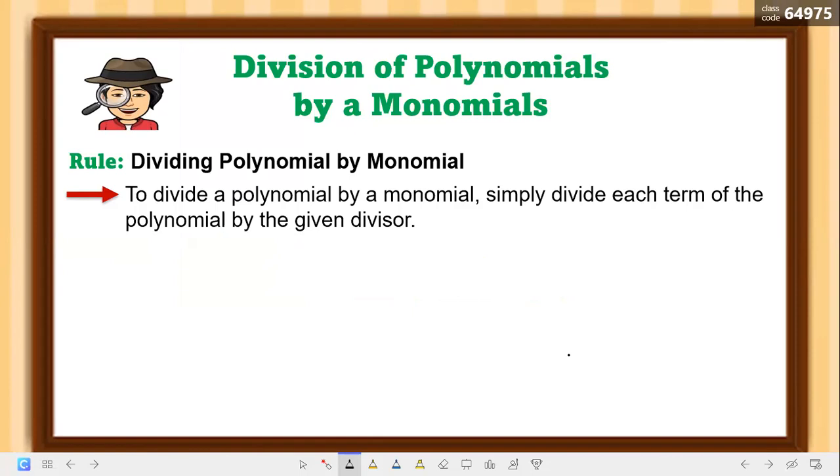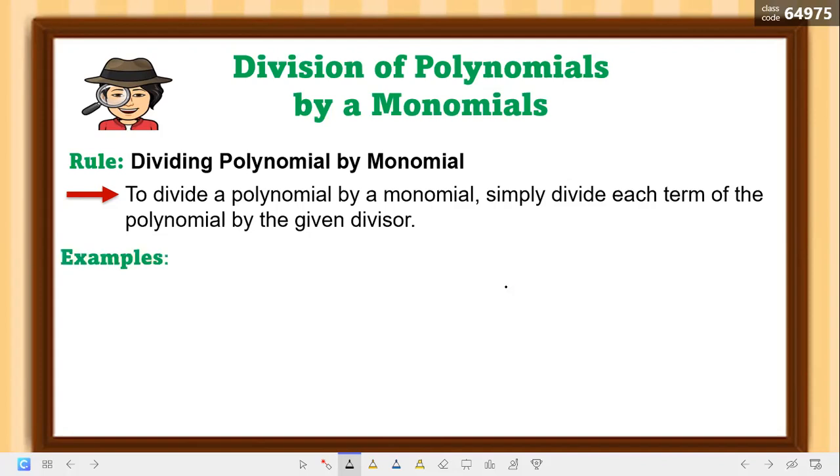Okay, so ito, pag sinabi natin nagdi-divide ka ng polynomial, remember when we say polynomial, this is 2 or more terms. Kung kanina, monomial. Ito, polynomial to monomial. So ang sabi dyan, isi-separate natin each term and then tsaka natin i-divide one by one term.